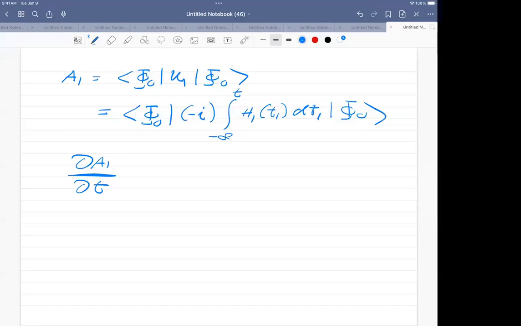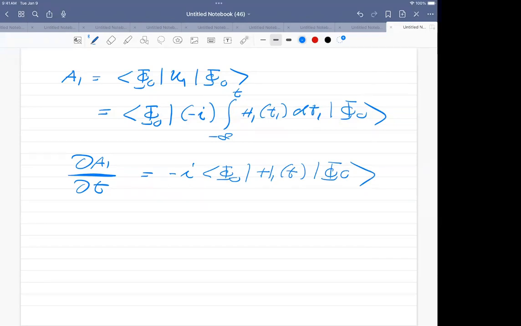Just some gossip here. Now, if you take the derivative here, you see immediately that this one is equal to minus i, and then you have phi 0, and then H_I(t) of phi 0. So this is pretty straightforward to do.